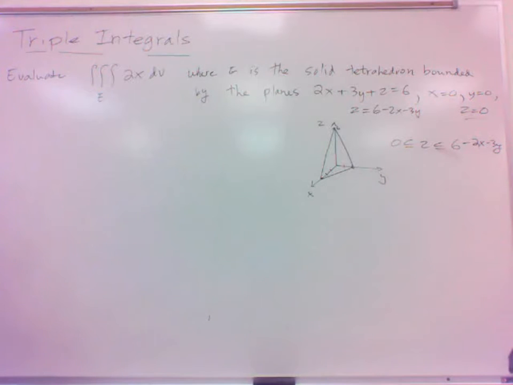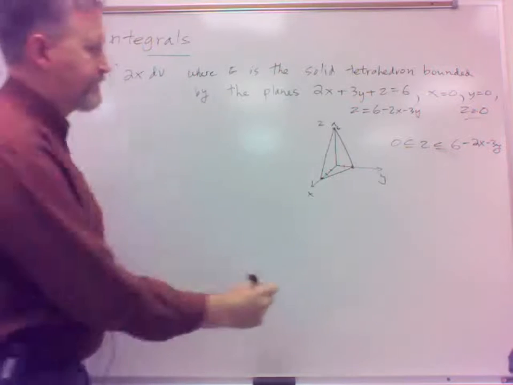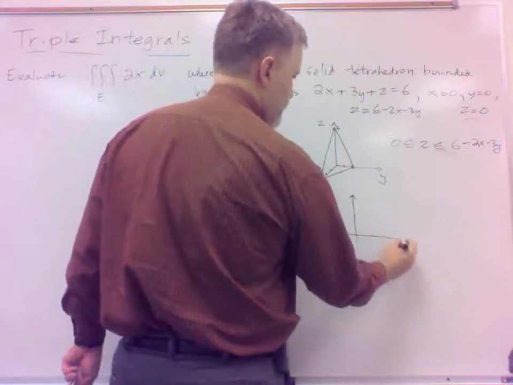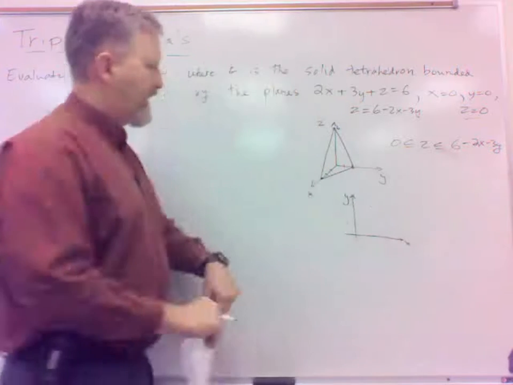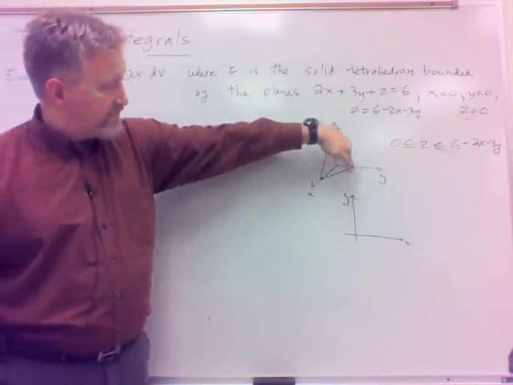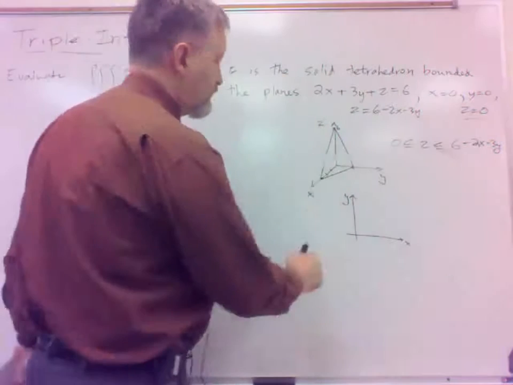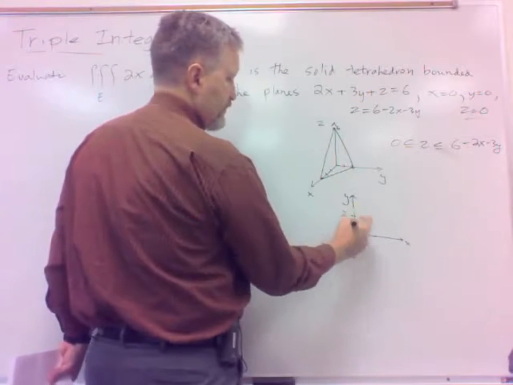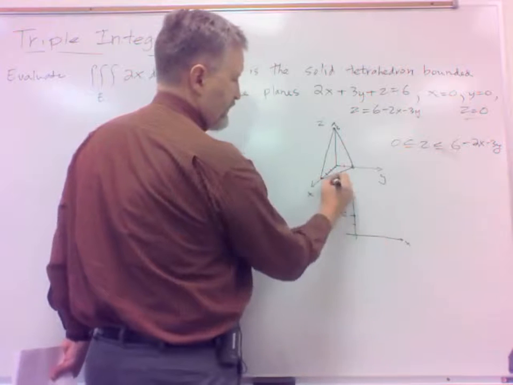Now, the y part of it. Think of what this would look like if we were able to look at it just from above. If we just look at it from above, isn't that just going to be a triangular region?